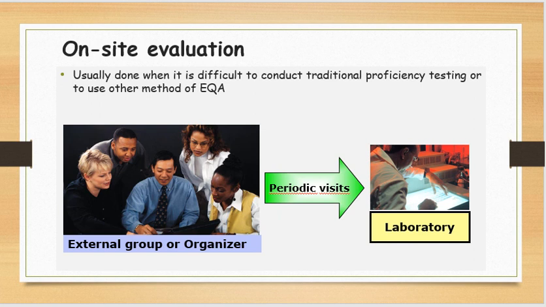It is also referred to as audit, assessment or supervisory visit. Usually the lab will go for certification or accreditation. So the audit will be conducted by an external group or organizer to verify that the test is done in the proper way.